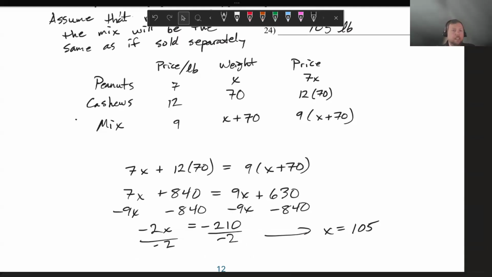So that's 7 times 105, which is $735. This is just one way to do a check at the end. And then we have $840 for the cashews.